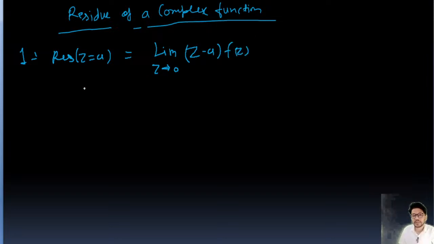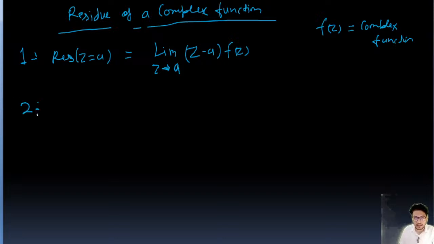Okay, so f(z) is a complex function. So for residue at z equal to a, how are we going to find it? That is equal to limit z tends to a of (z minus a) f(z).